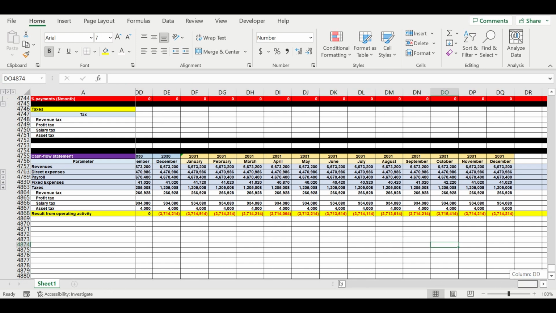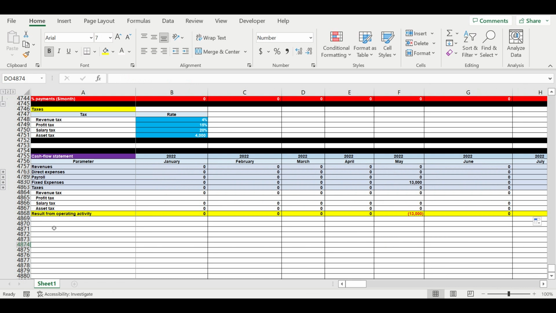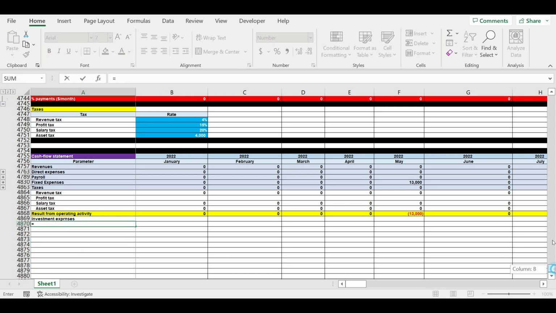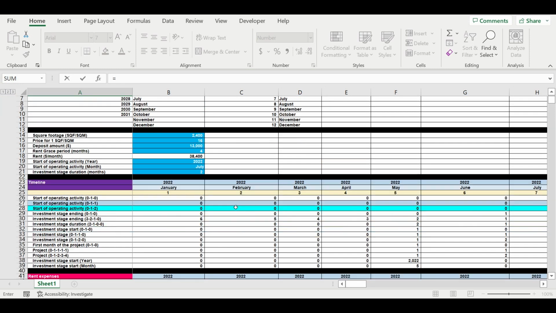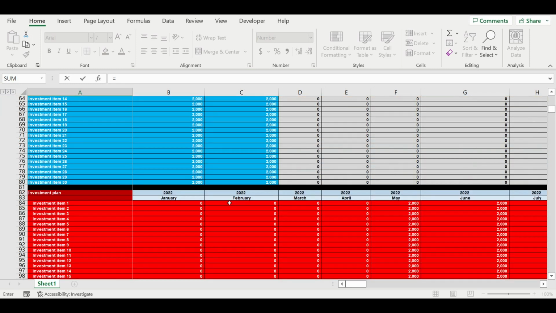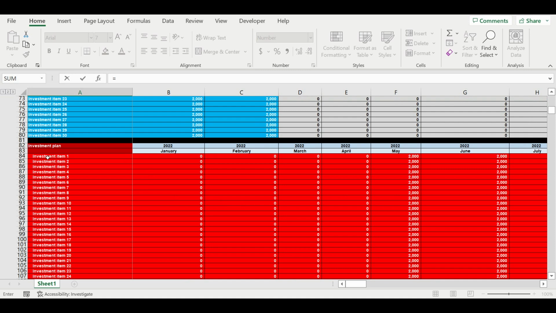Then I'm going to plug in the investment plan. So I'm pressing equals, and we have the investment plan here.